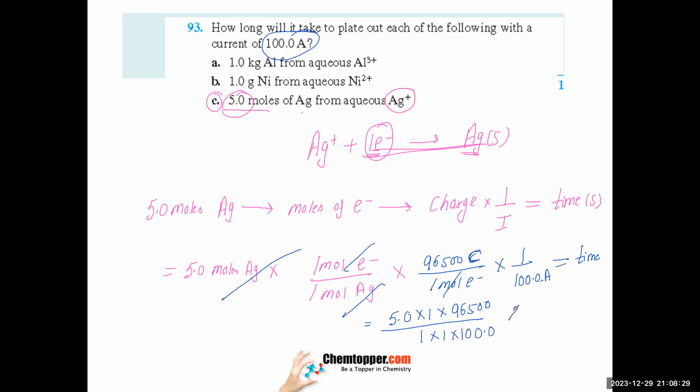And this answer will be in seconds, right? Which you can convert in hours or minutes, whatever we want to represent. But answer should be in two significant figures because the measured amount is in two significant figures. You are going to consider only the measured amount. Measured means the one which is mentioned in the question.